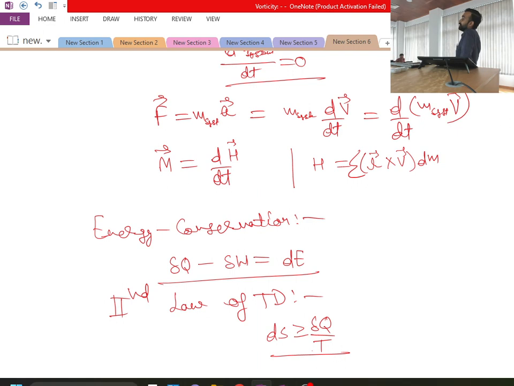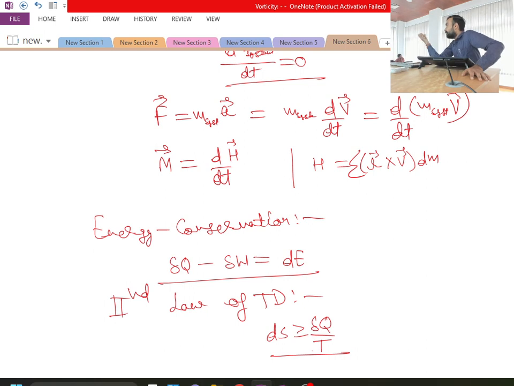But all the governing laws we have studied till date are for the system approach. So we have to devise some way to convert the governing laws from the system approach to the control volume approach. Is this point clear? All the governing laws I have defined just now are applicable for the system approach, but whenever I analyze fluid flow, I will use the control volume approach, where the identity of the fluid does not remain constant, but laws are defined for fixed identity of the fluid.